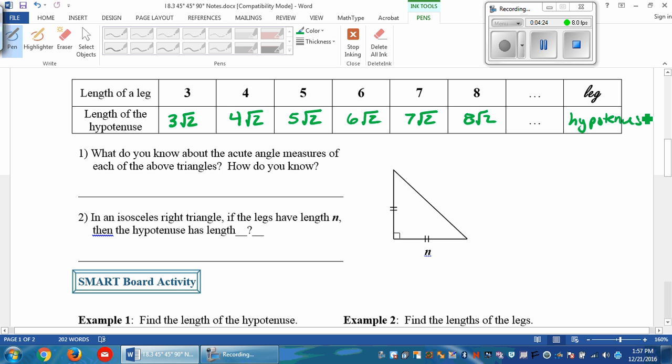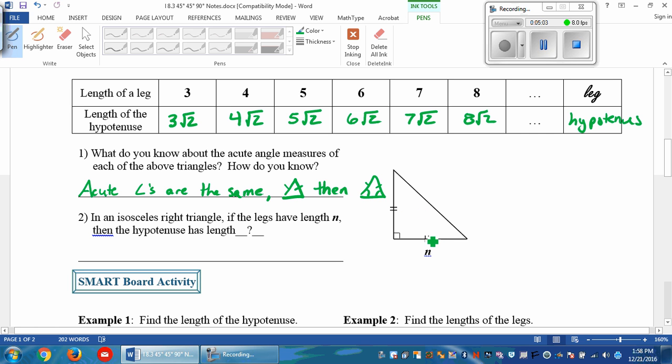What do you know about the acute angle measures of each of the following triangles? Well, you should know that the acute angles are the same. And how do you know this? Because you learned a theorem that says if the sides are congruent, then the angles across from those sides are congruent.